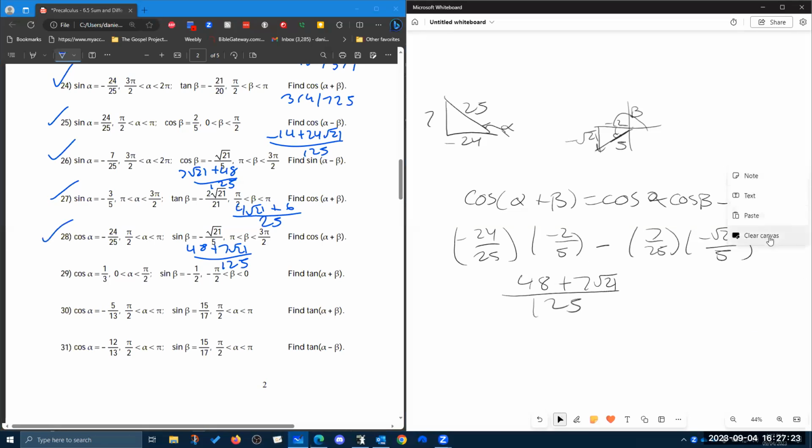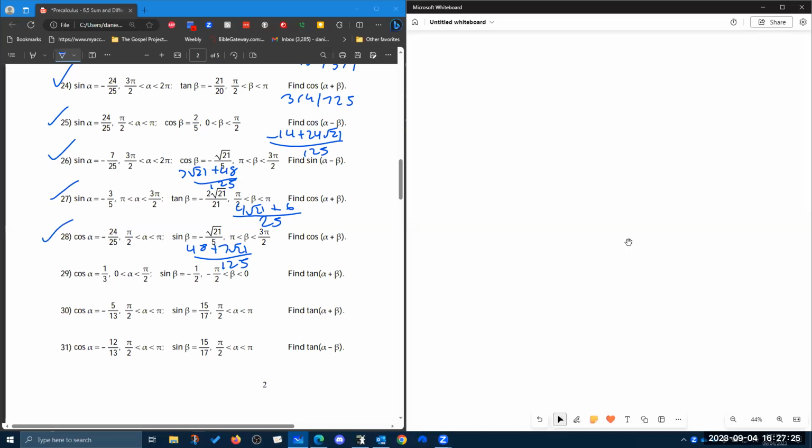Let's look now at 29. Alpha is in quadrant 1. It has a cosine value of 1 over 3. 9 minus 1 is 8. Square root of 8 is 2 root 2.